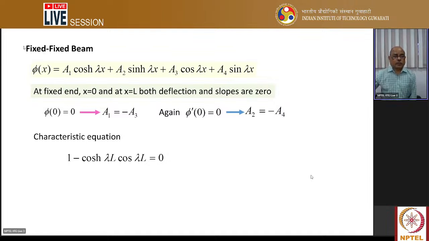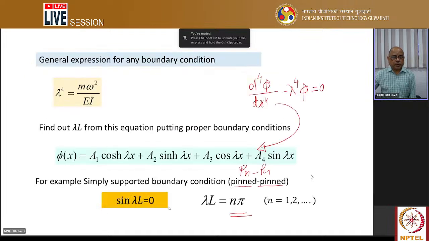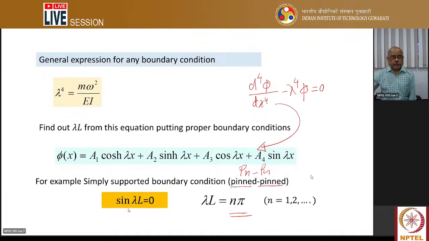So now I am talking about the fixed beam. For the simply supported beam, the equation was very simple: sin lambda L equal to 0, which gives lambda L equal to n pi, n varies from 1 to infinity.